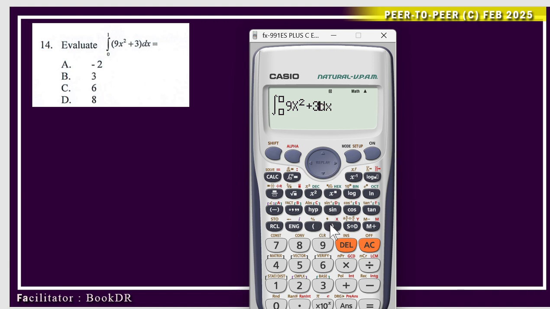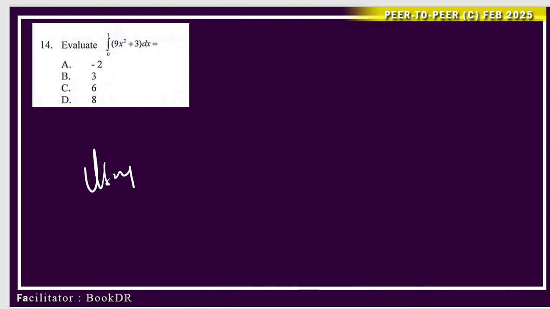I should have put these things in bracket. That is the best way. So let me navigate back and put these things in bracket. Then let me put in the limit, the upper limit is 1, then the lower limit is 0. The answer is 6. So using the calculator, the answer is 6.